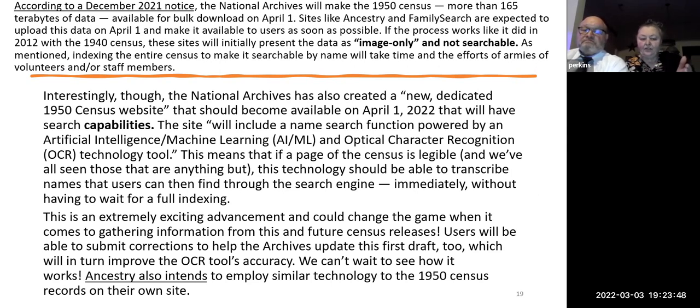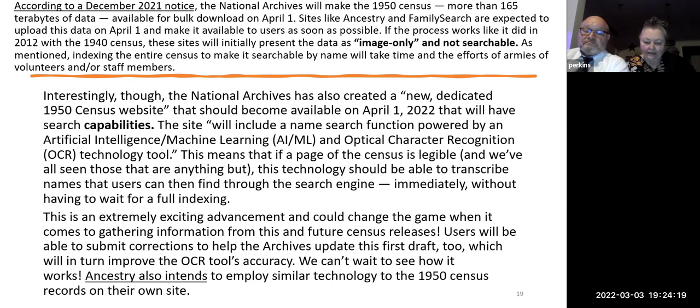AI is artificial intelligence, machine learning, and OCR is optical character recognition, where the computer that NARA has will do a first pass and have a separate section to search by name, hopefully on April 1st. Wow, that's ginormous. That's a game changer. And if it's accurate, you might find your name.